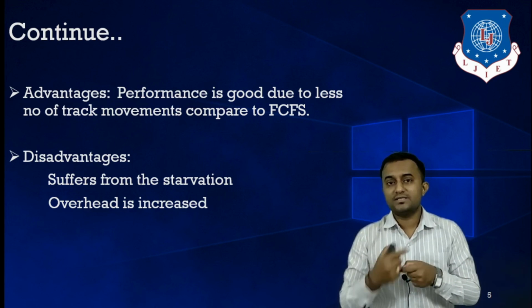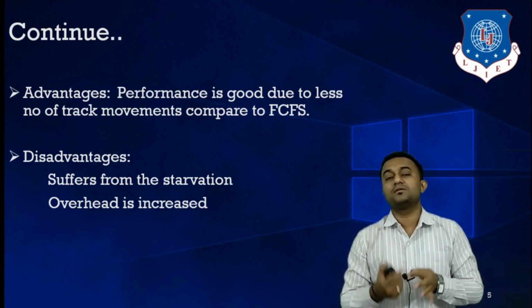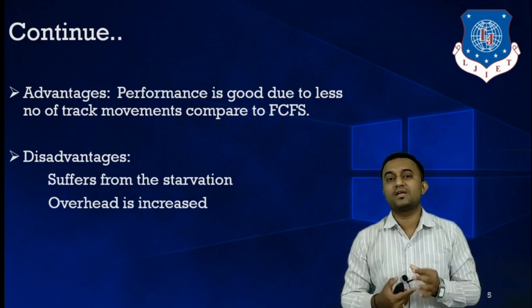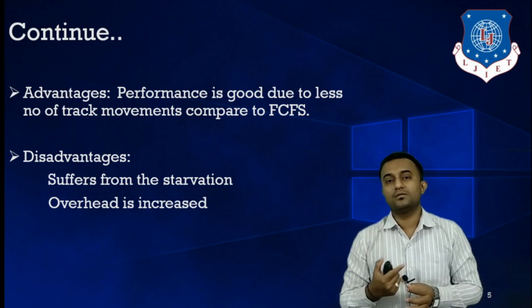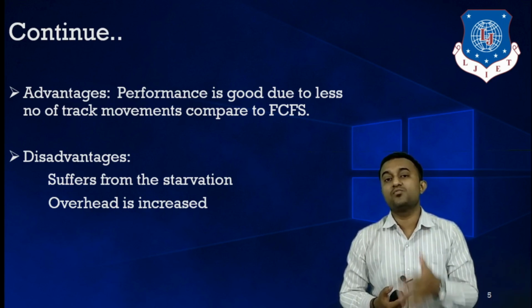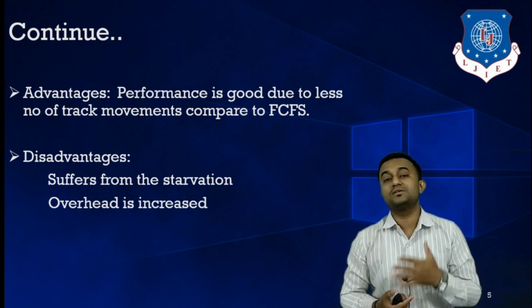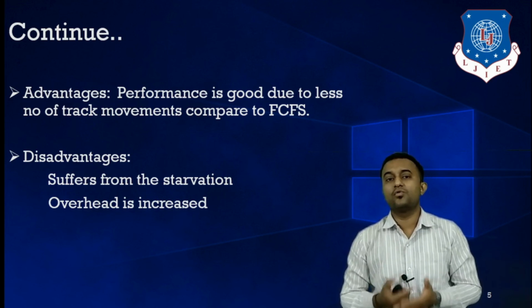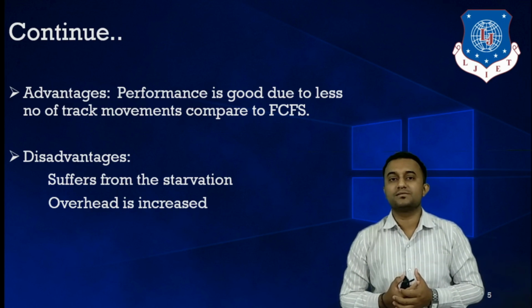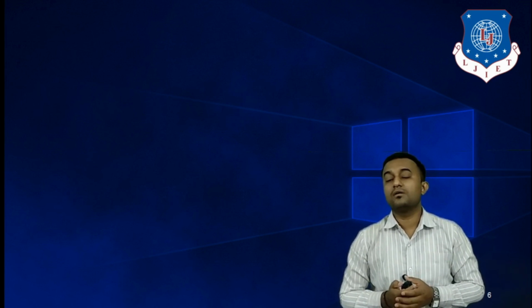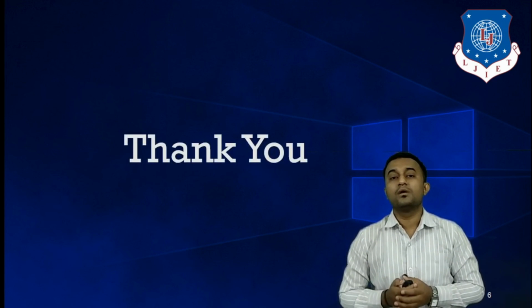At each moment we need to find the shortest distance, and according to it we give the chance to a particular request for execution. So calculation is required at every moment, and definitely the overhead is increased. So this is all about the SSTF scheduling algorithm.